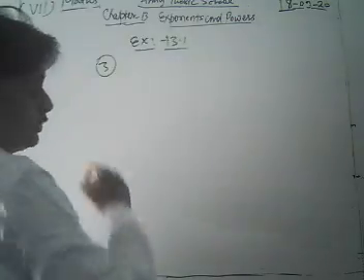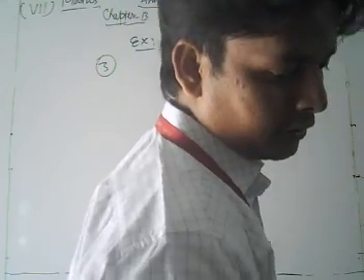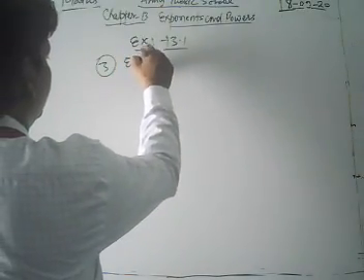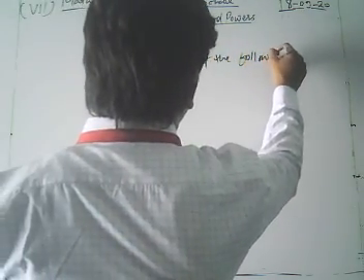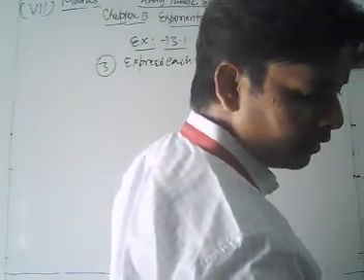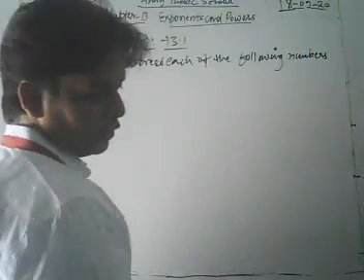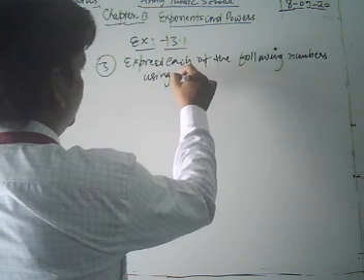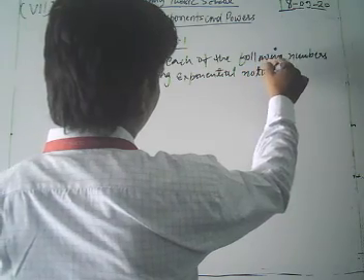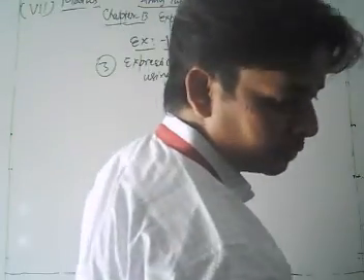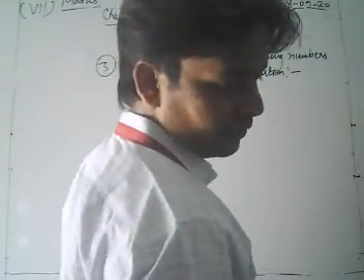We take the third question, which is: Express each of the following numbers using exponential notation. Our first number is 512. Second number is 343.